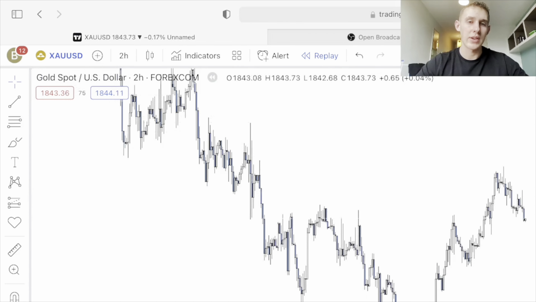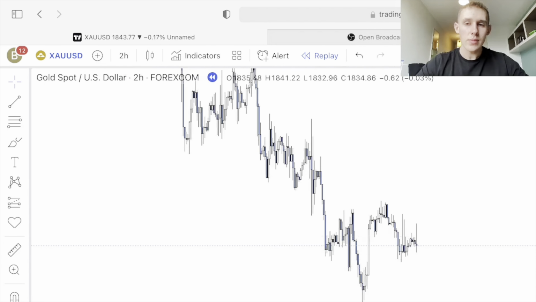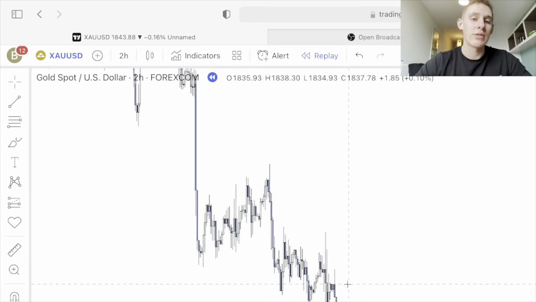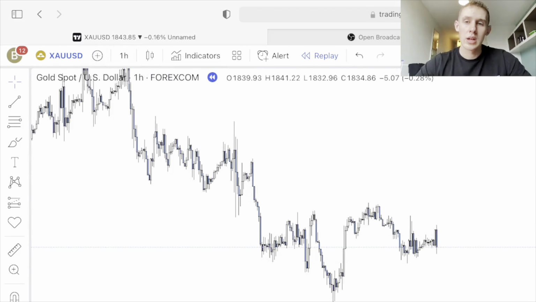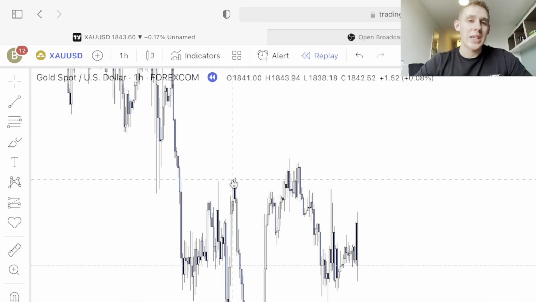Okay, so there was a very good example of that just here. Overall, we can see that price has been downtrending, and so at this point we'd only be looking for buys. From a liquidity perspective, you see that price came above this lower high.